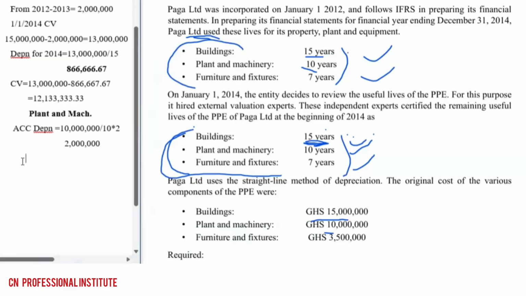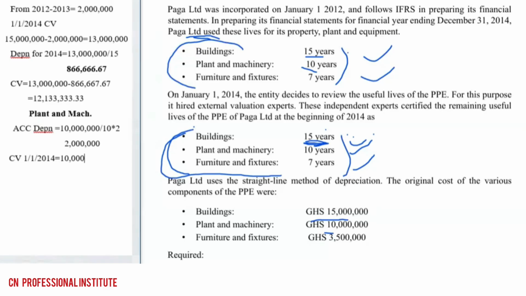Okay, then let's get the carrying value as at 1st January 2014. We will charge depreciation for 2012 and 2013. So as at 1st January 2014, the carrying value will be 10 million minus 2 million, which gives 8 million.